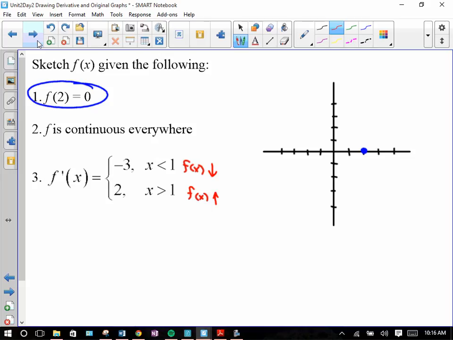It doesn't say less than or equal to or greater than or equal to. That means that the first derivative does not exist at x equals 1. Okay? So that means that we're going to have a corner or a hole or discontinuity of some sort. Okay? But, so it says what?